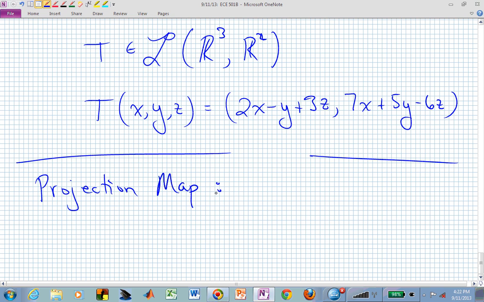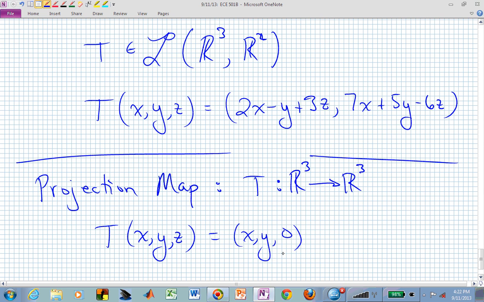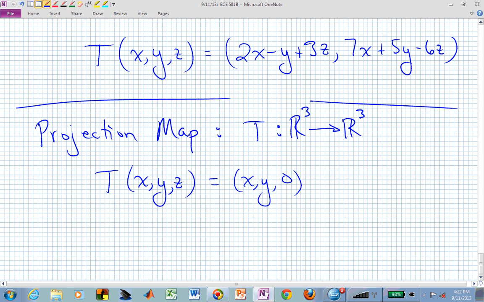And this one really is taking three dimensions back into three dimensions, but maybe we're only going to live on one plane in the final result, even though we're in three-dimensional space. Meaning, suppose that we define T of x, y, z, we take any point in three-dimensional space, and we simply map that onto the xy plane.